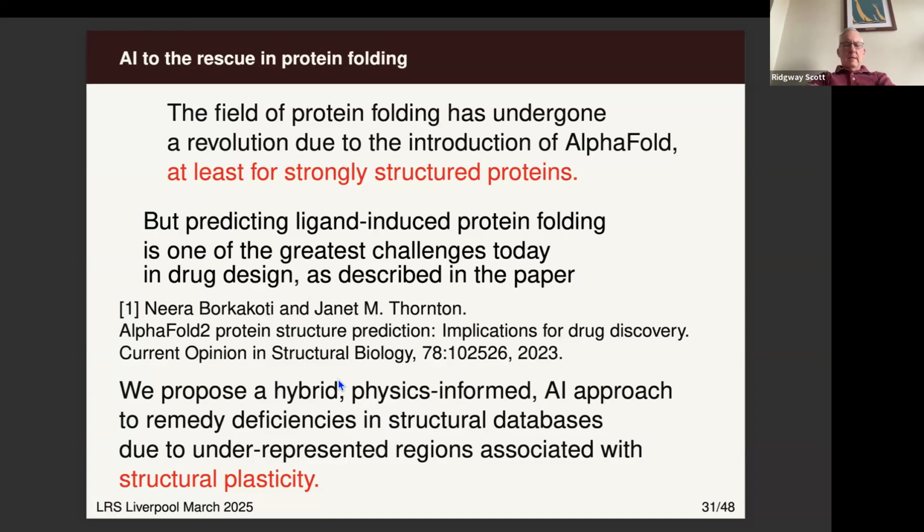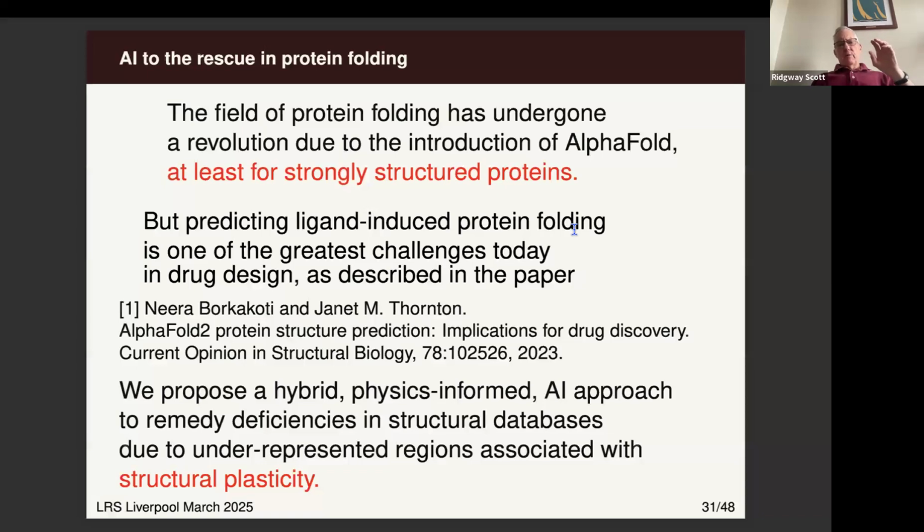But what Janet Thornton points out is that looking at ligand-induced protein folding is still a challenge today. And by ligand-induced protein folding, think of that picture that we had where a ligand was binding to a dehydron.